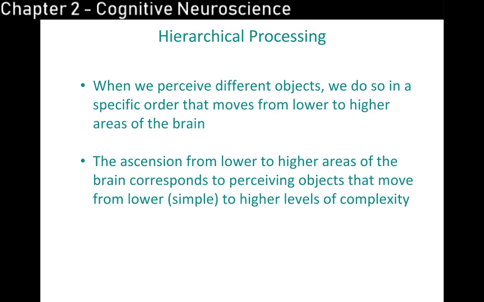Basically, we're processing information on the simpler end, very basic features of things that we might be seeing, hearing, or receiving as sensations, and those move up to higher levels of complexity and more detail when we're actually processing this information in our brain.